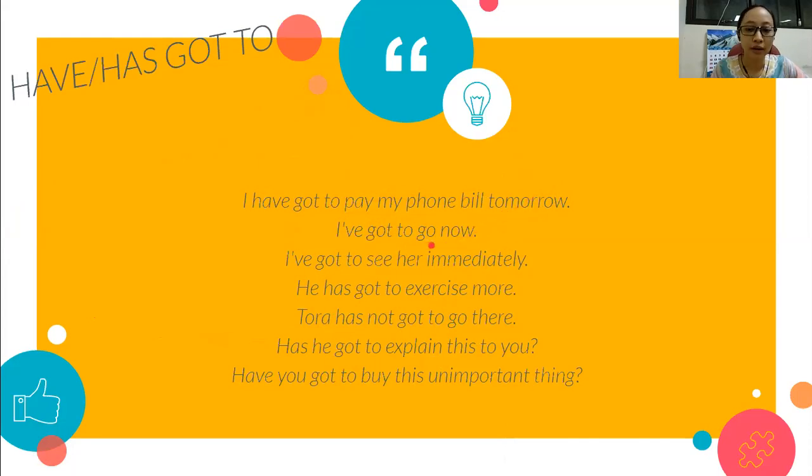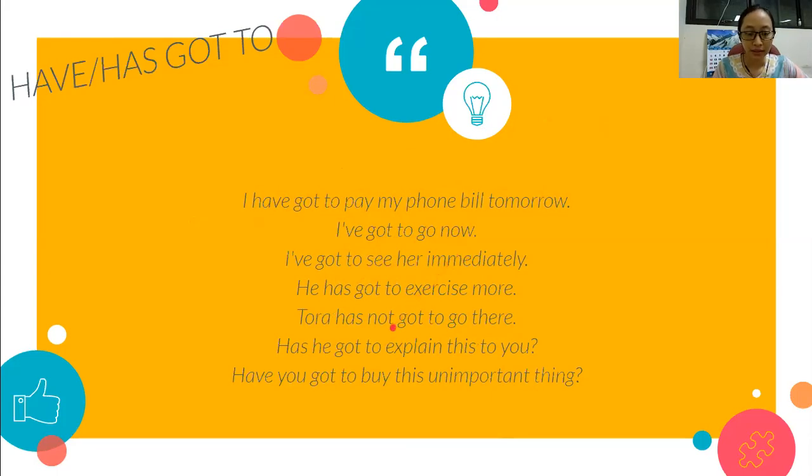I've got to go now. It can be used for future situation, tapi tidak tambah will. Untuk sekarang juga, I've got to go now. I've got to see her immediately.